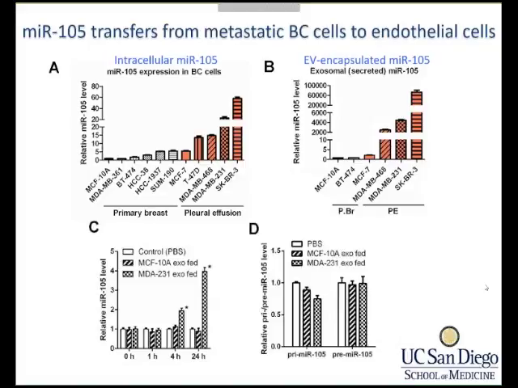And the primary microRNA and the precursor of miR-105 are not significantly altered in exosome-treated recipient cells, confirming this transfer of miR-105 is indeed through exosomes, but not through any indirect mechanism that could regulate the expression level of miR-105 in endothelial cells.